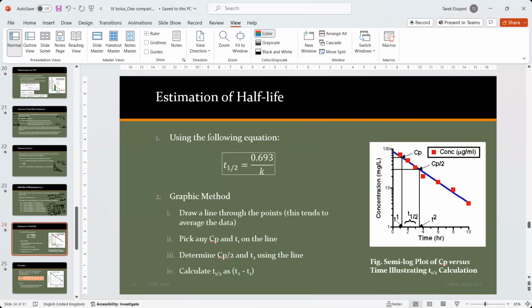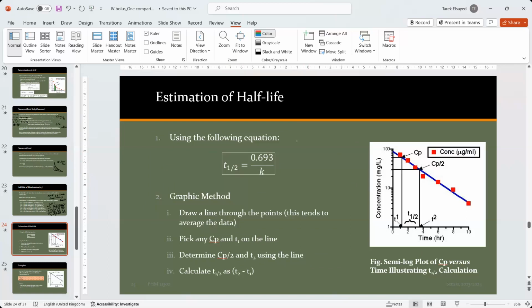How to calculate elimination half-life? Simply by this equation: T half equals 0.693 divided by K. Where did we get this equation from? Consider that you have a concentration and its half.